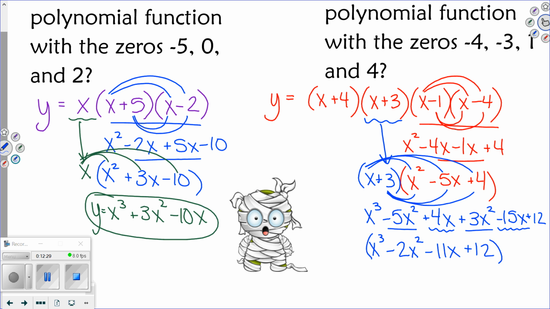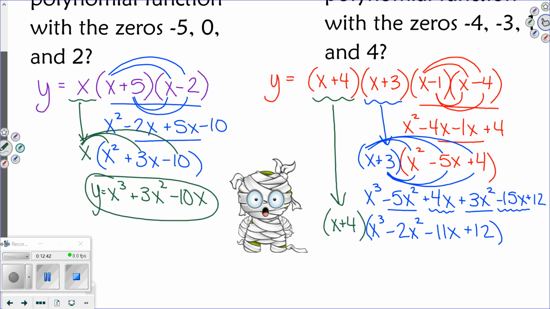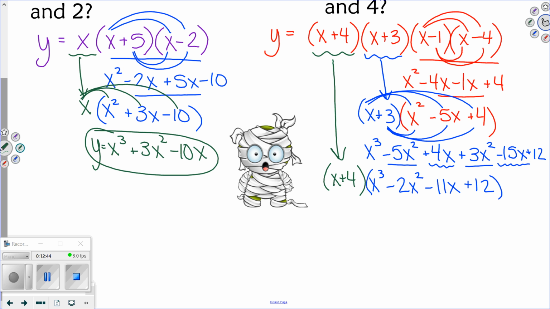Am I done? No, I get to go again. So much fun. Bring down then the x plus 4. And I get to do this all over again. You guys want like 10 of these on your test, right? All right, so that gives me x to the 4th minus 2x cubed minus 11x squared plus 12x.